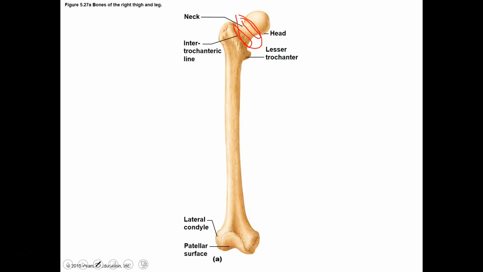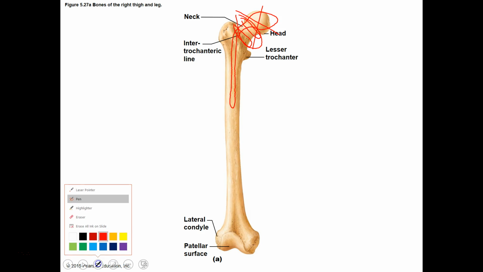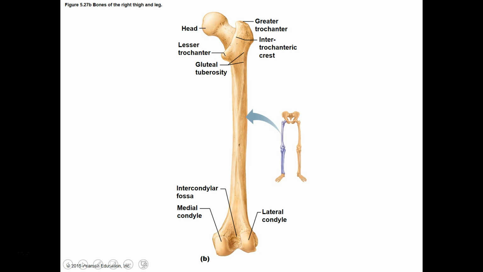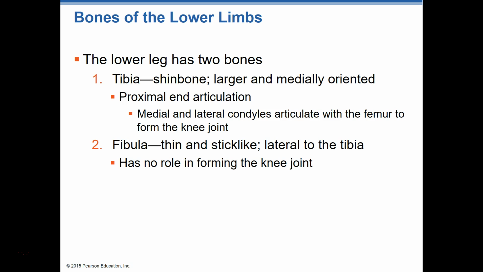And depending on how bad the break is, 90% of the time they will just cut the head of that off and nail a steel rod down inside of here with a new fake head on it. Yeah, that's how they'll fix a broken hip. They'll do the opposite on the other side.